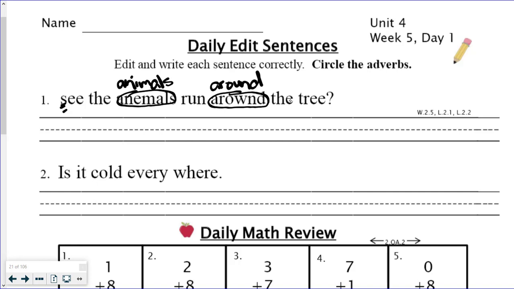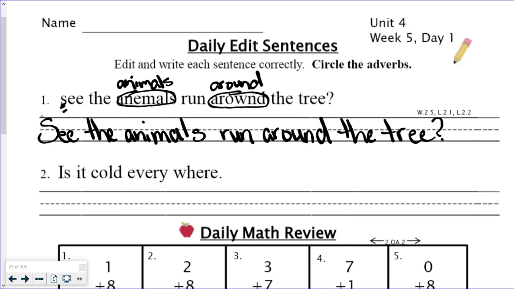See the animals run around the tree? Question mark. That sounds good. Let's rewrite it nice and neat on the blank. All right, number 1's all fixed up. Number 2, is it cold everywhere? Everywhere is a compound word, so we're going to circle it so we remember to write it all together. And this is asking, so it needs a question mark, not a period. And then we'll rewrite number 2 nice and neat on the line.